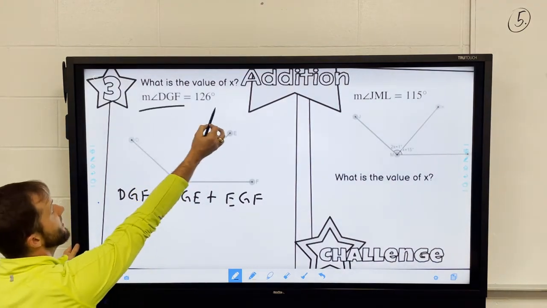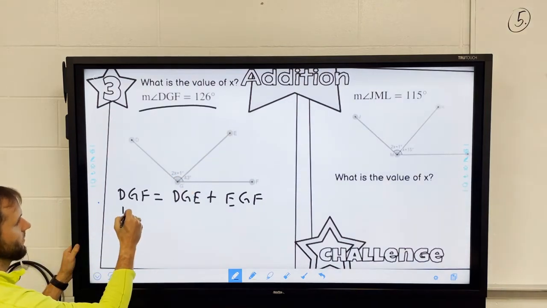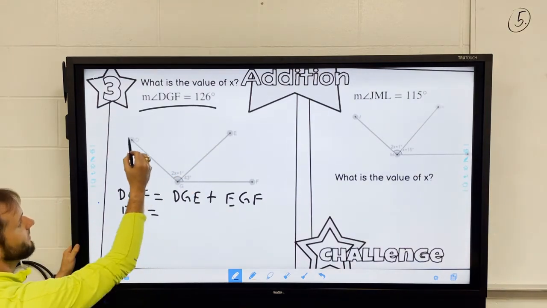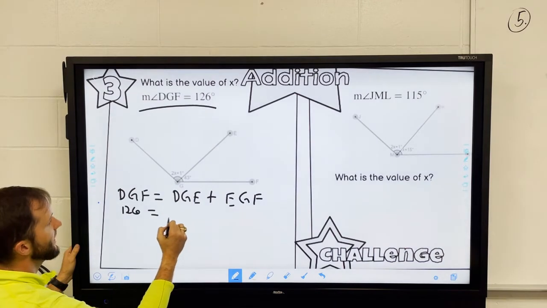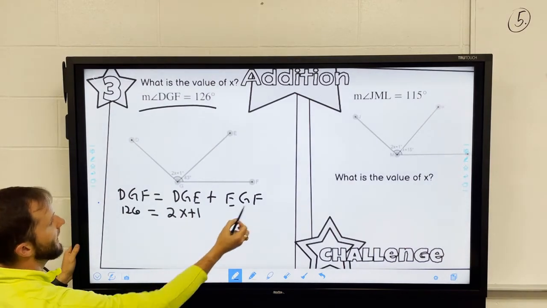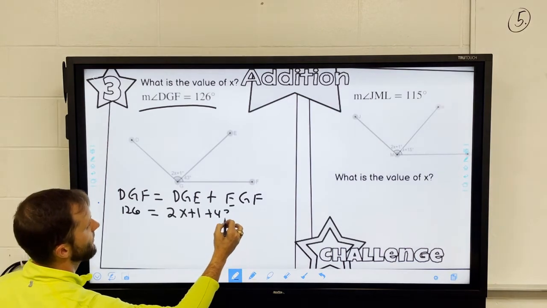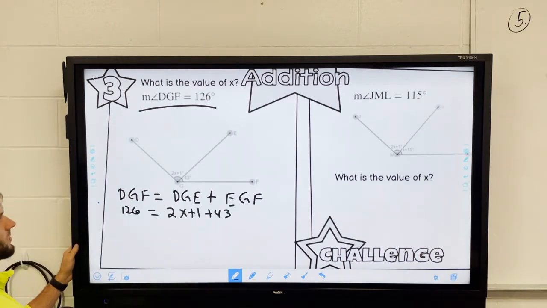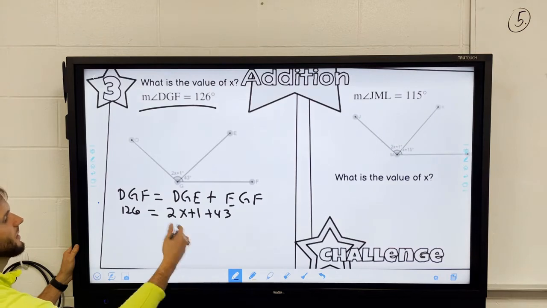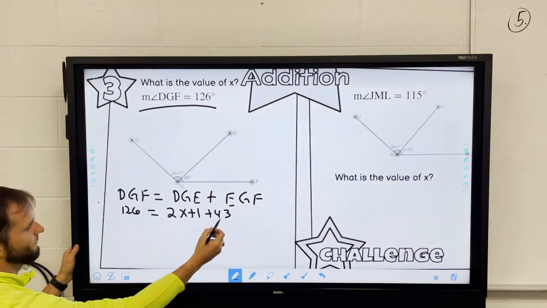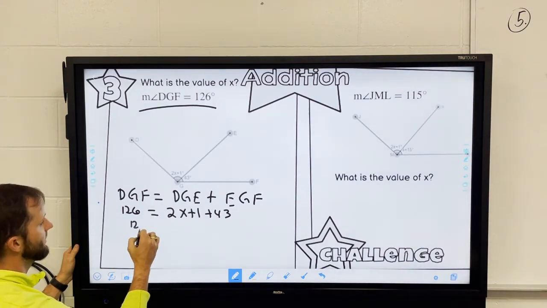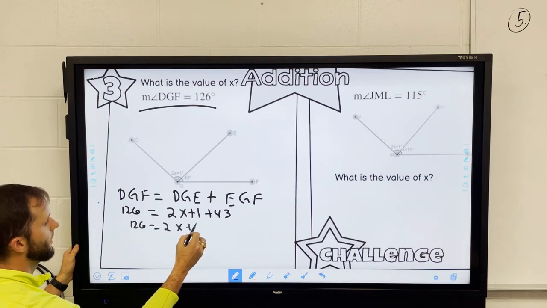So I know DGF is 126, so 126. I know DGE is 2x plus 1. And I know EGF is going to be 43, so plus 43, because I'm adding those two together. So all I got to do is combine like terms and then solve for x. So 43 plus 1 is going to end up giving me 44.